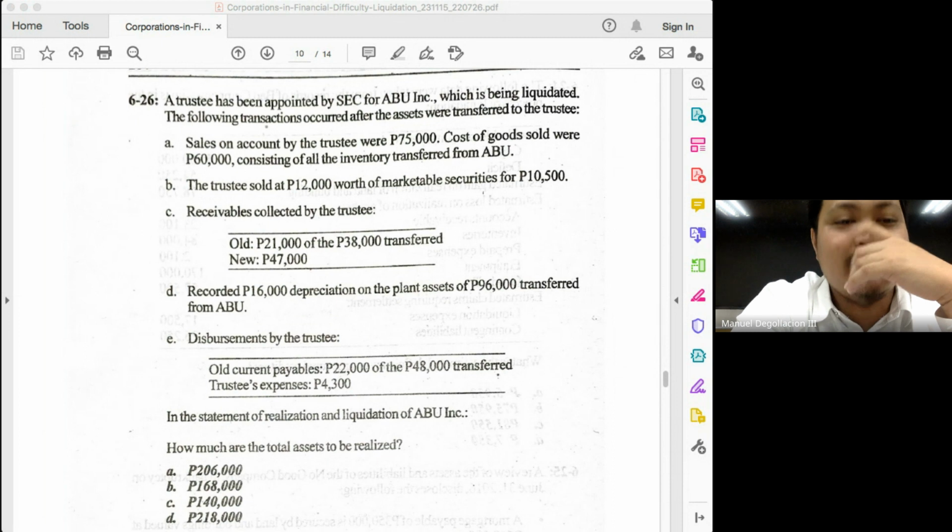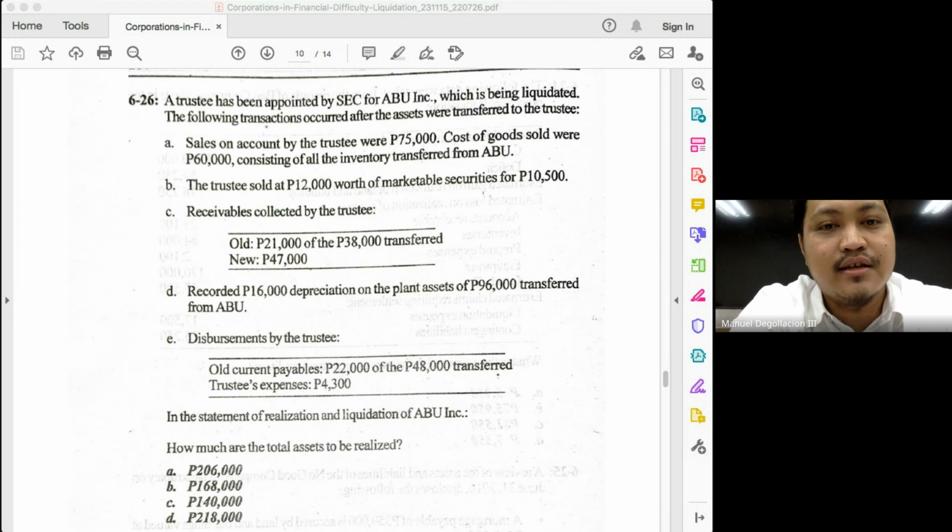Yes, possibly from sales, and definitely class, this will be included because what does this amount represent for letter C? These are receivables that are already collected. Okay, so this will form part of our realized assets.